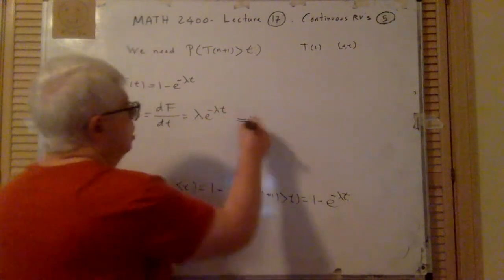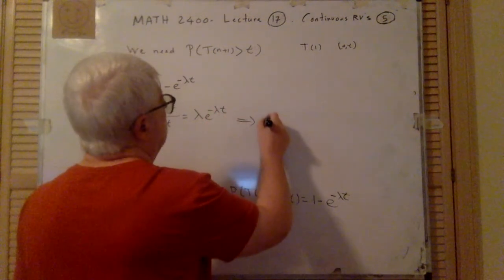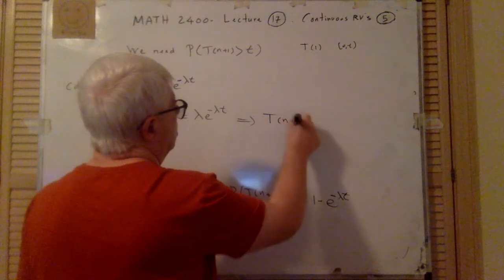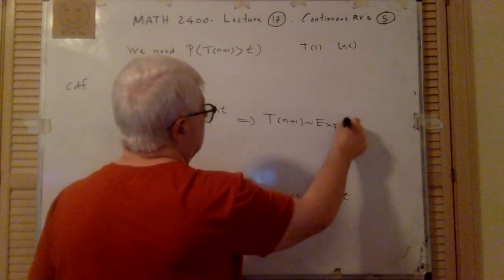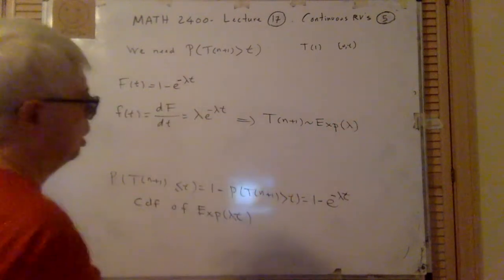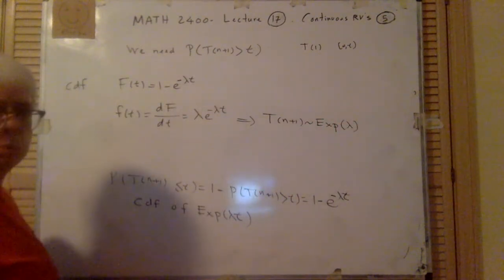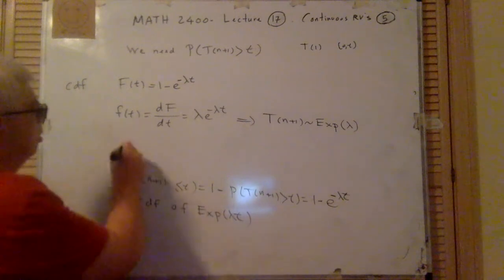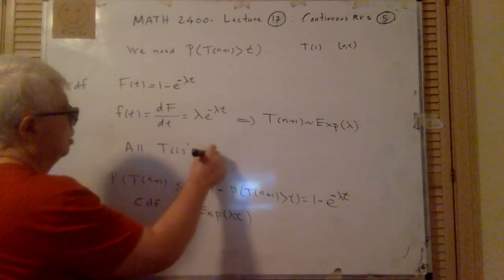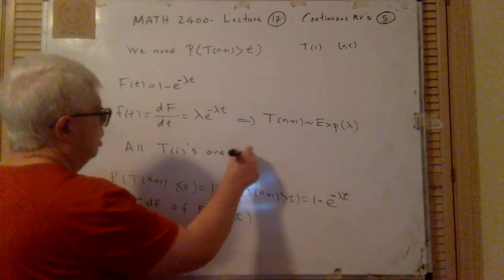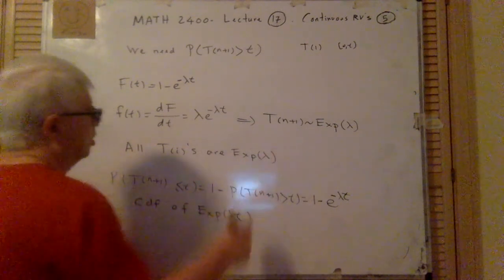So this tells me that T(n+1) is in fact exponential lambda. And since n plus 1 was just a generic point, it means that all Ti's are exponential lambda. Okay?